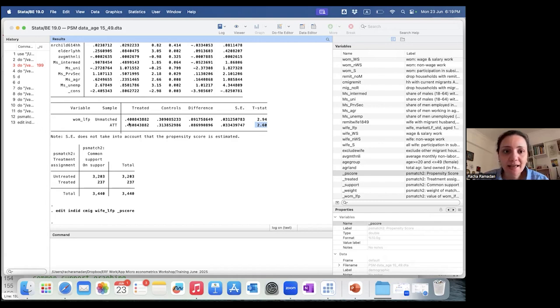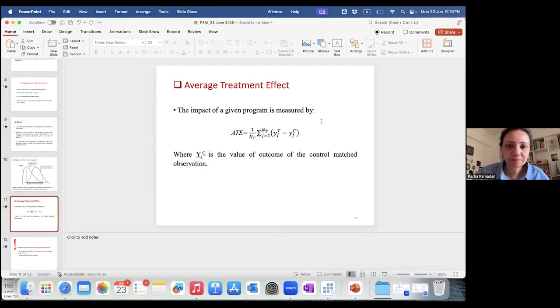So we can see that the women who are in treated households, which means they have a migrant, have higher labor force participation compared to women in control households, who are not treated. This difference is what we calculated here, but STATA does it automatically.